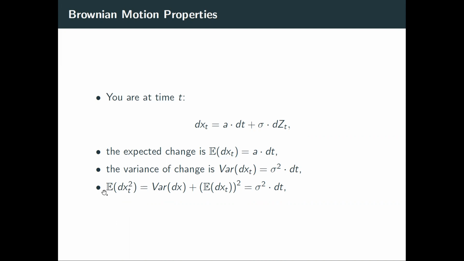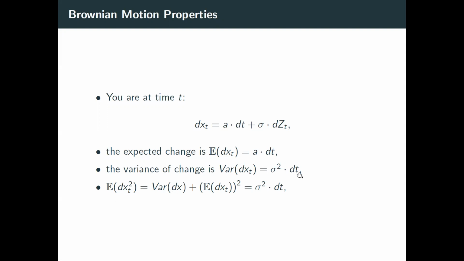And finally, what will also be important is the expectation of the square of the change. We will actually also use it. And here we just apply the formula for the variance, because the expectation of the square is equal to the variance plus the squared expectation.